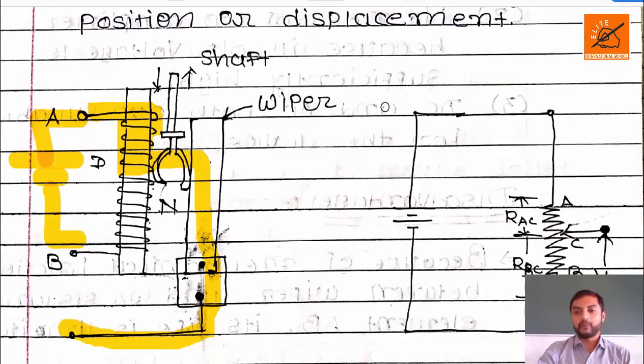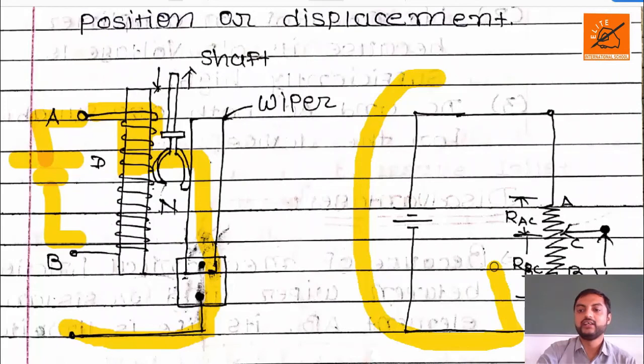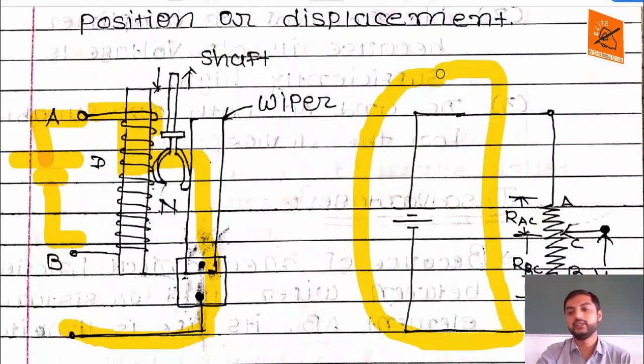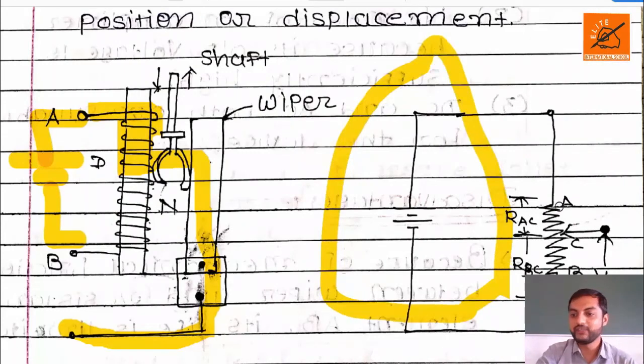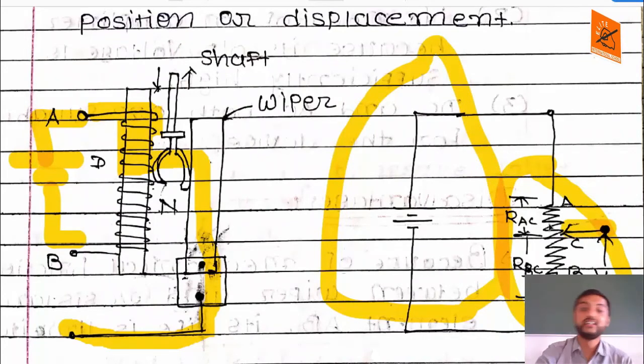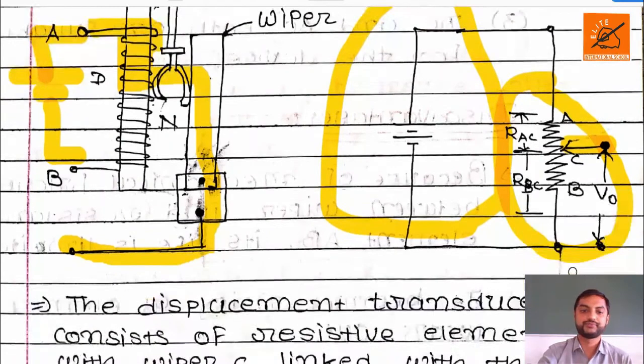A very easy circuit is given over here. You can see the resistive part is here and this part is the battery part. This part is the shaft part and wiper part, from where you get the output voltage.